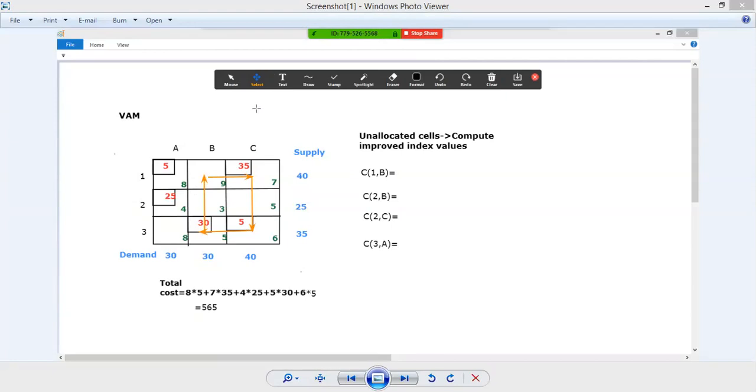Now we have to assign a positive sign, and then alternately assign plus and minus signs starting from the unallocated cell.